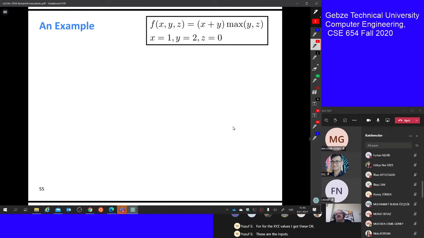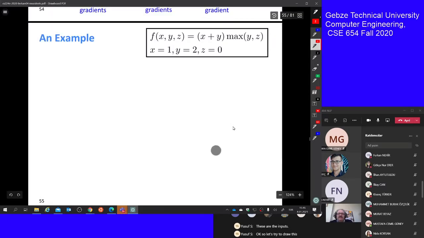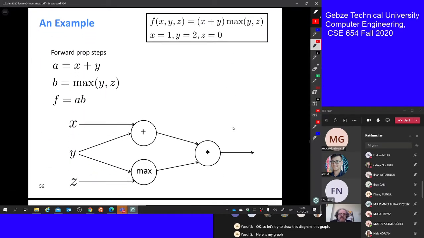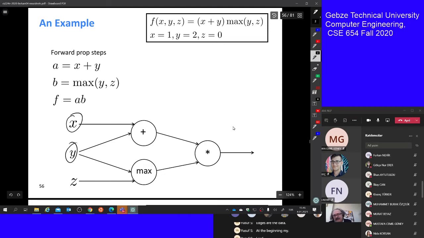Let's try to draw this graph. Here is my graph. Nodes are operations, edges are the data. At the beginning, my inputs are the nodes again.